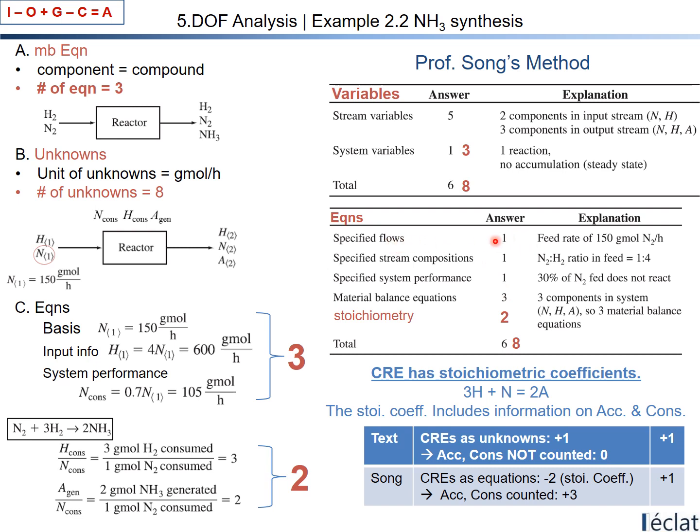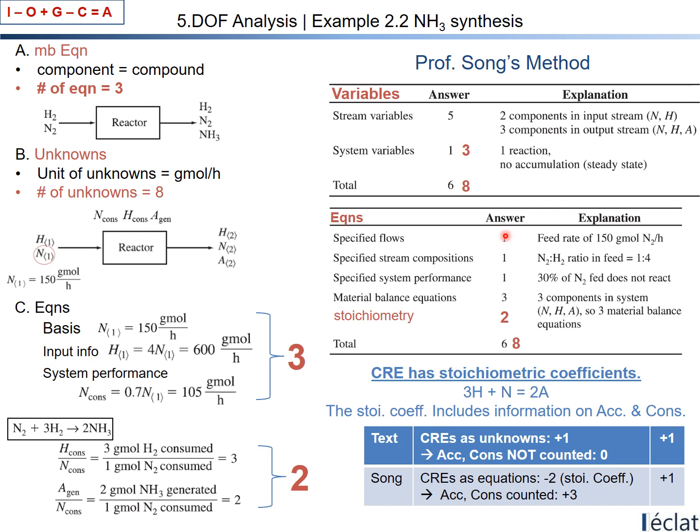Specified flows from the basis is 1, the same, and the stream composition specification was the nitrogen and hydrogen ratio in feed, so the same one. And the system performance specification would be 30% of nitrogen fed does not react. The same. Everything is the same.